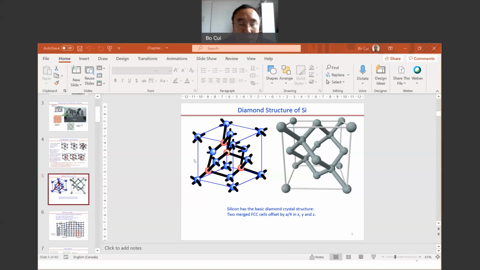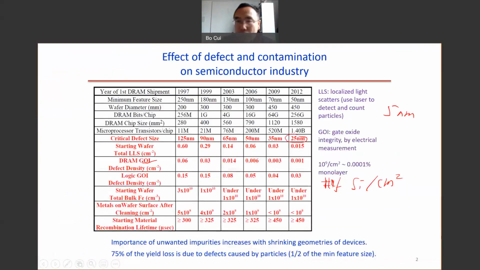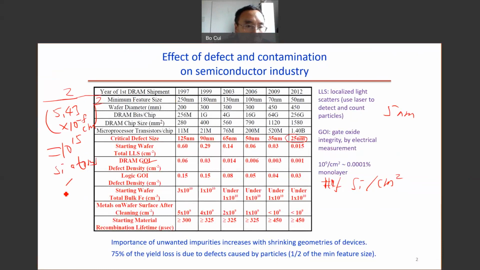The unit cell is 5.43 angstrom. So the silicon atom density is given by 2 atoms per unit cell divided by the area of the unit cell, 5.43 times 10 to the power minus 8 centimeter, squared. That gives 10 to the power 15 atoms per square centimeter.